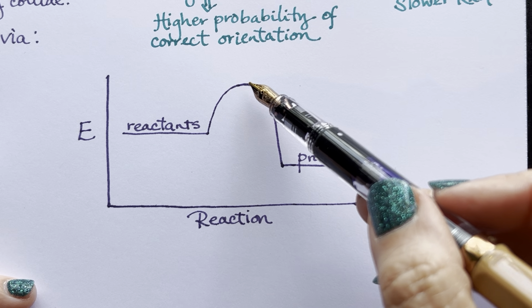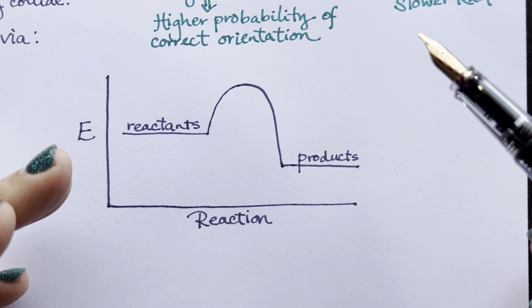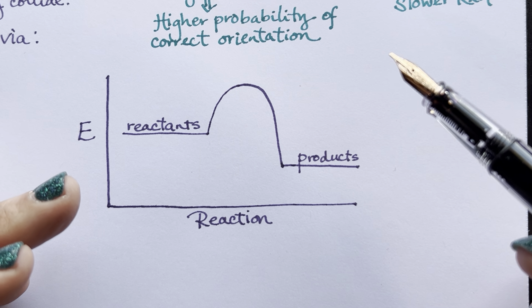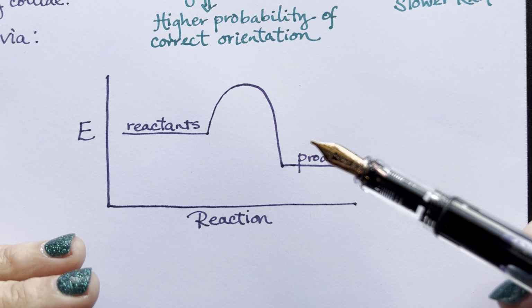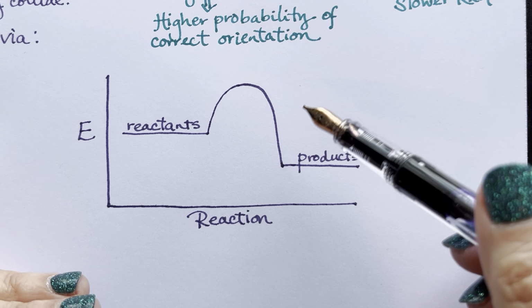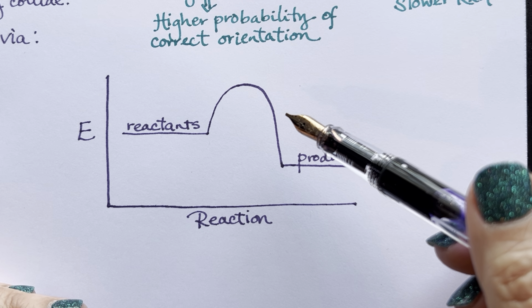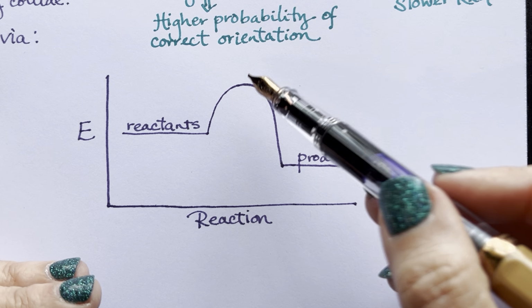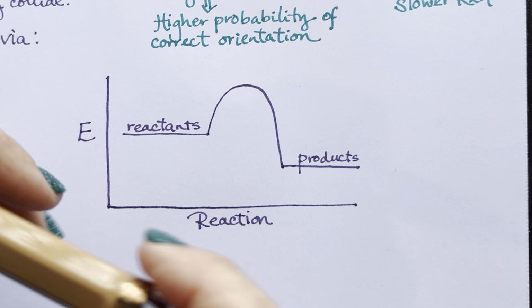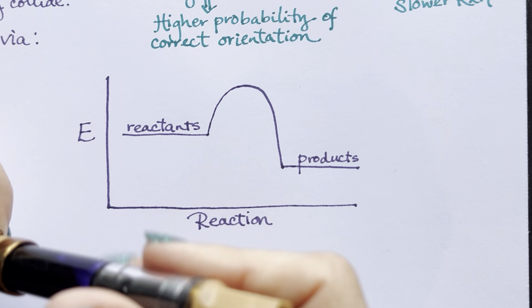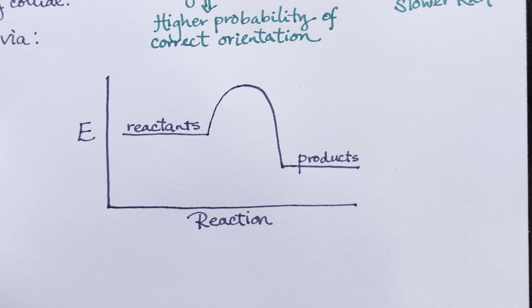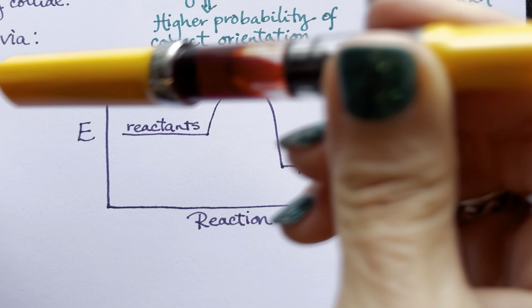It's actually a good thing, or else chemical reactions would be happening everywhere all the time. There wouldn't be a lot of stability with any materials or even living things. So activation energy is a good thing. But here is where we would show the activation energy. I'm going to try my red pen, even though it leaks.